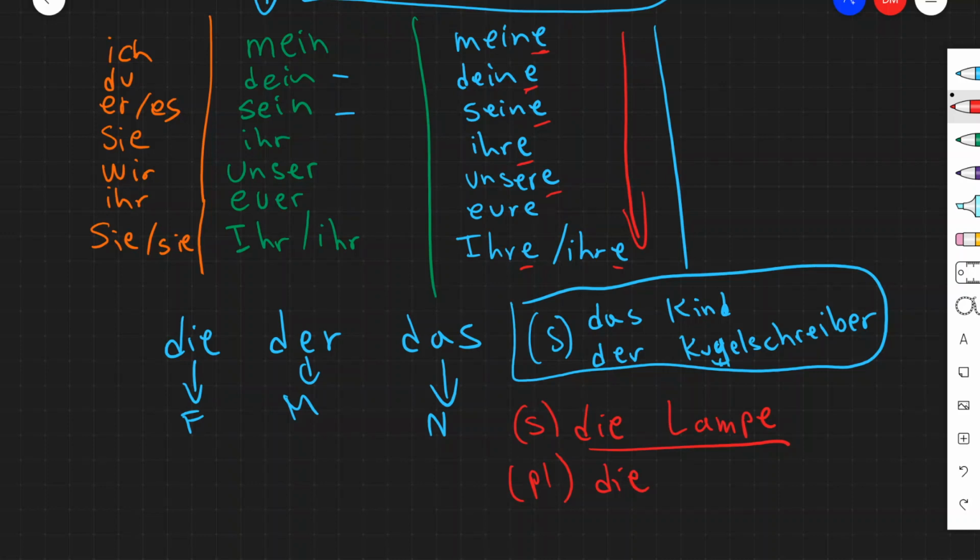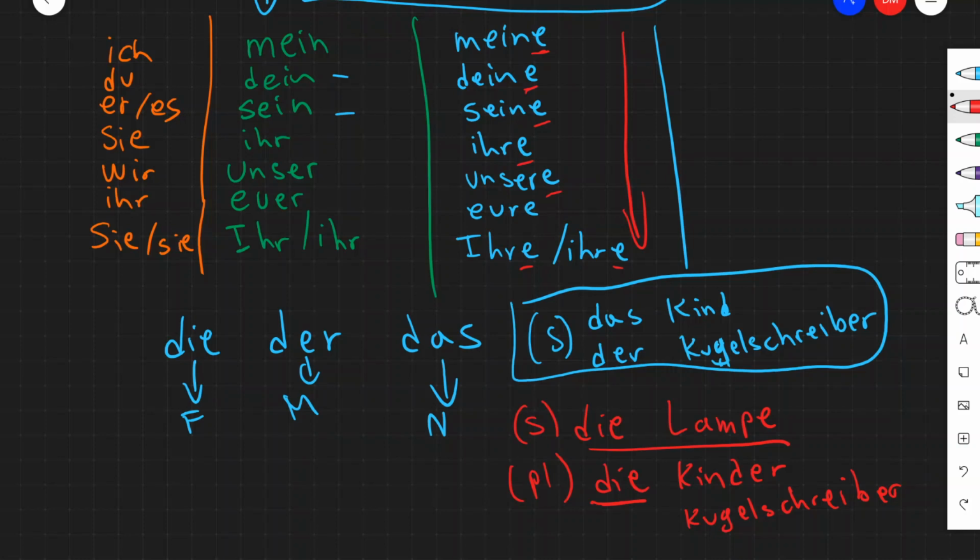All nouns get the article die when they become plural. So das Kind becomes die Kinder. Der Kugelschreiber, die Kugelschreiber. Which means the children and the pens.